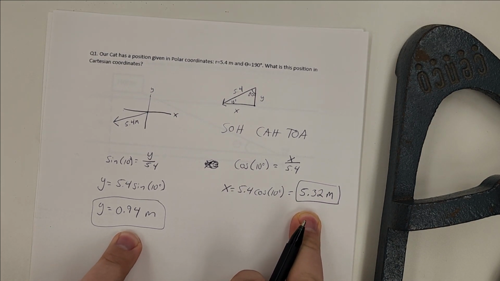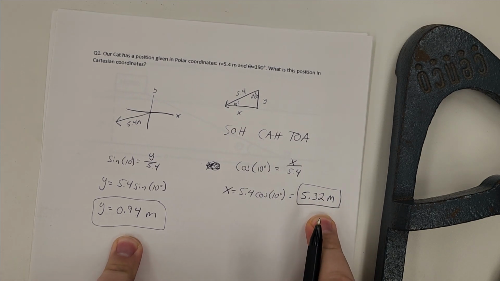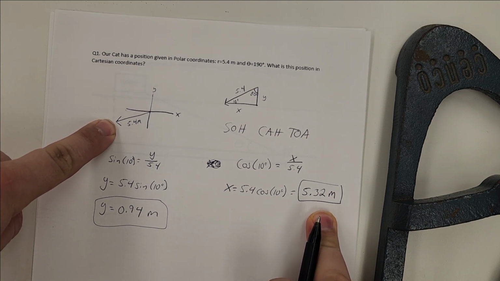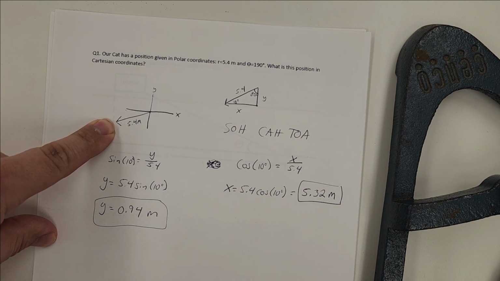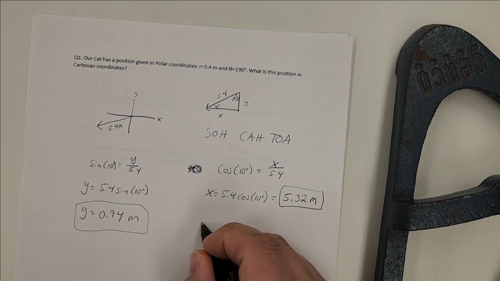Okay, so on the x side, this is traveling in the negative direction. Likewise, if I would have used cosine of 190 here instead of cosine of 10, if you want to go ahead and try that, plug it in, you'll see that you get the exact same answer, but negative.